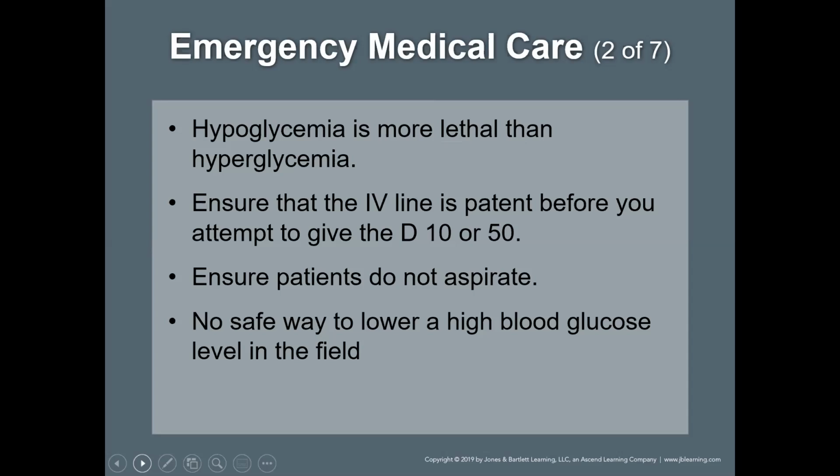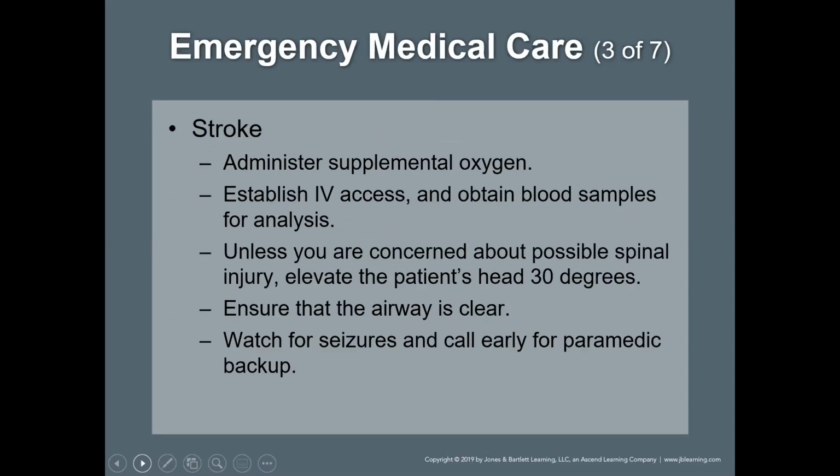Make sure the patient doesn't aspirate, keep suction around if they're altered. And for hyperglycemia, we support the airway, breathing, circulation, give them oxygen if they need it, get them to the hospital. Advanced folks can start an IV and give them a little fluid bolus, but they're going to need some interventions that we don't do pre-hospitally.